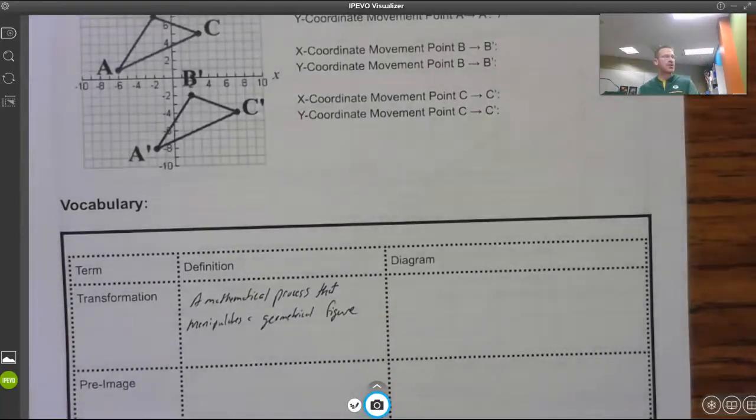And a translation is one type of transformation. So transformation covers all the different types of manipulations that we could implement on a geometric figure in the coordinate plane. What we're going to talk about today is one type of transformation, called a translation. So transformation is the entire group of things, and translation is one particular manipulation within that group.